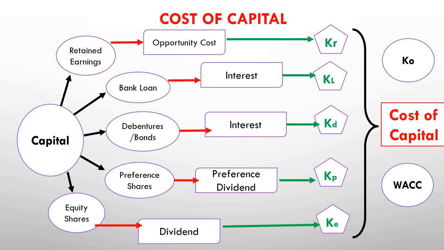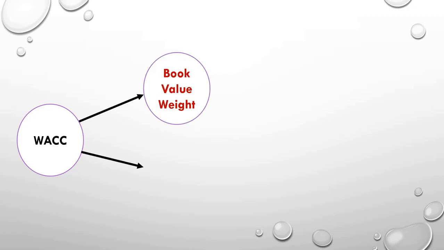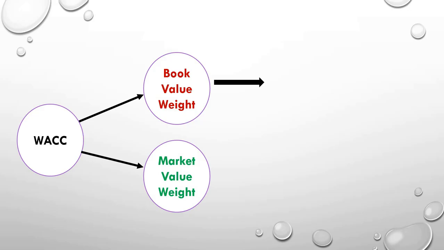Or if I name it the weighted average cost of capital, I'll be using the abbreviation WACC. Now, for calculating the weighted average cost of capital, we have two different parts. One I can calculate with the help of book value weights, and one with the help of market value weights. Now, first understand what you mean by book value weights.